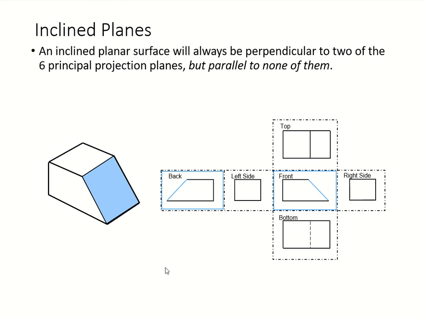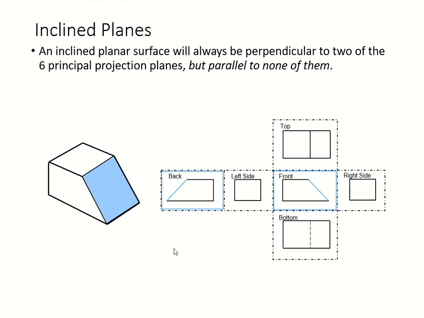So when you have to deal with the inclined plane or inclined surface, these surfaces are perpendicular to two of the views, or two of the planes out of your 6 projection planes, just two. See here, I made it blue in order to correspond to the inclined surface.